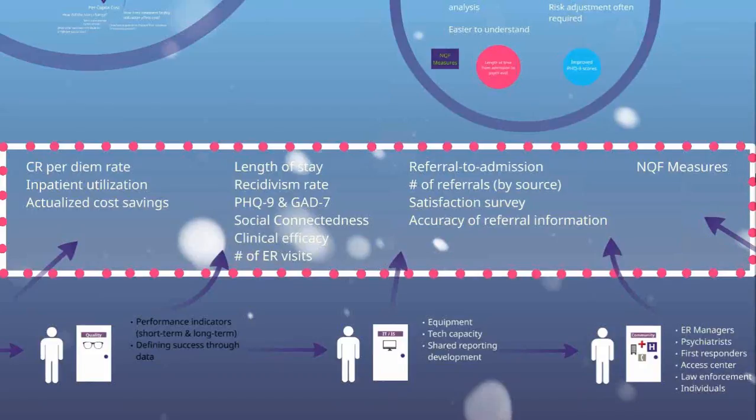So for a crisis residential program, there's a few different NQF measures that you might consider. There's one on body mass index screening and follow-up for persons with SMI. So maybe if you're targeting yourself as a wellness program, you would be looking at that. There's alcohol screening and follow-up for people with SMI, so making sure that you have that co-occurring part of your program.